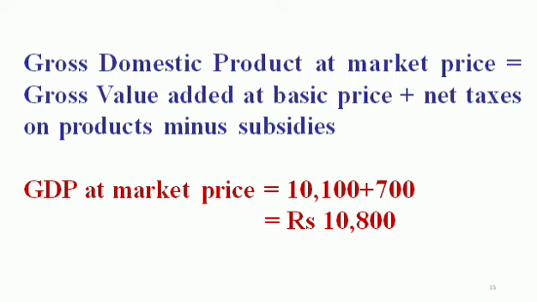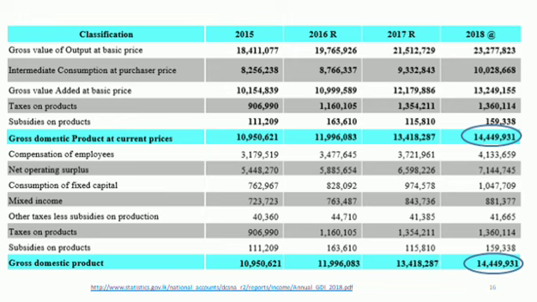So to get the GDP at market price, we get the GVA at basic price and add the net taxes on products. So eventually, whether you calculate GDP using the product approach or the income approach, you should get the same result.